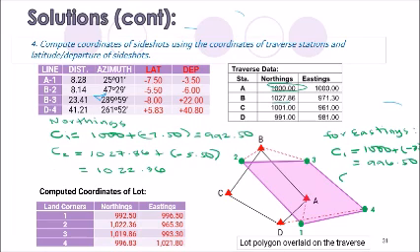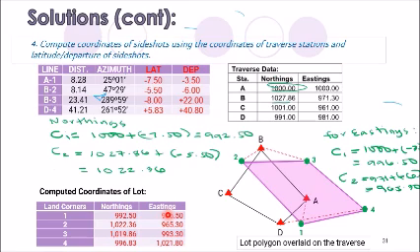For corner 2, we will use 971, plus a negative 6, and then you have equal to 965.30. Same process that you have to do, and then you can compute the northings and eastings of the remaining corners.